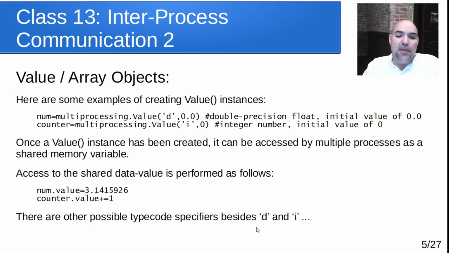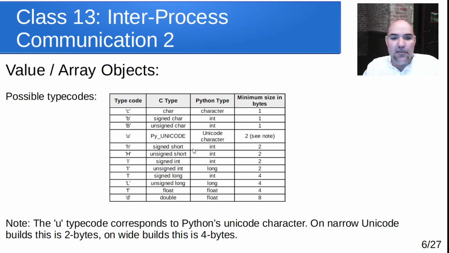Now, there are other possible type codes besides d and i that we looked at here. So let's take a quick look at the type codes that are available. Really, all of the basic types that you'd have in something like C are available there. Character is c, b is a signed character or a byte, and capital B is an unsigned character. The u is a Python Unicode character. h is a signed short, and capital H is an unsigned short.